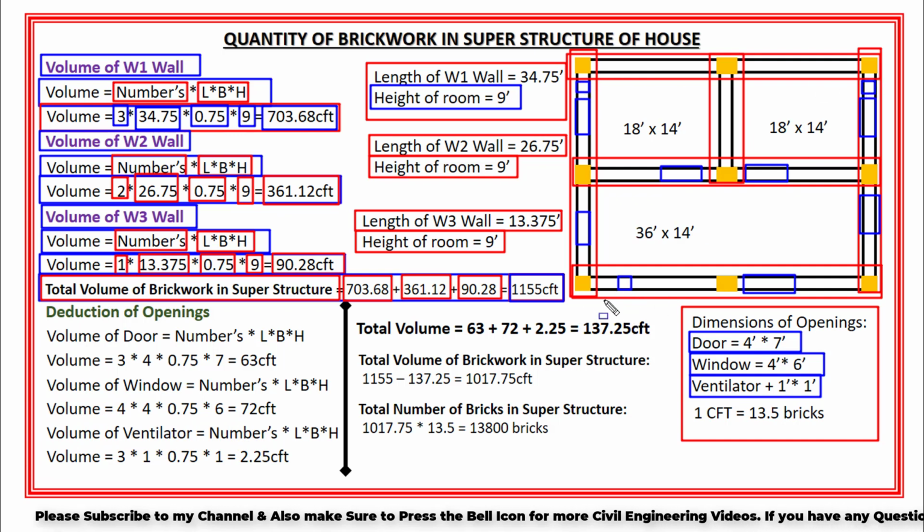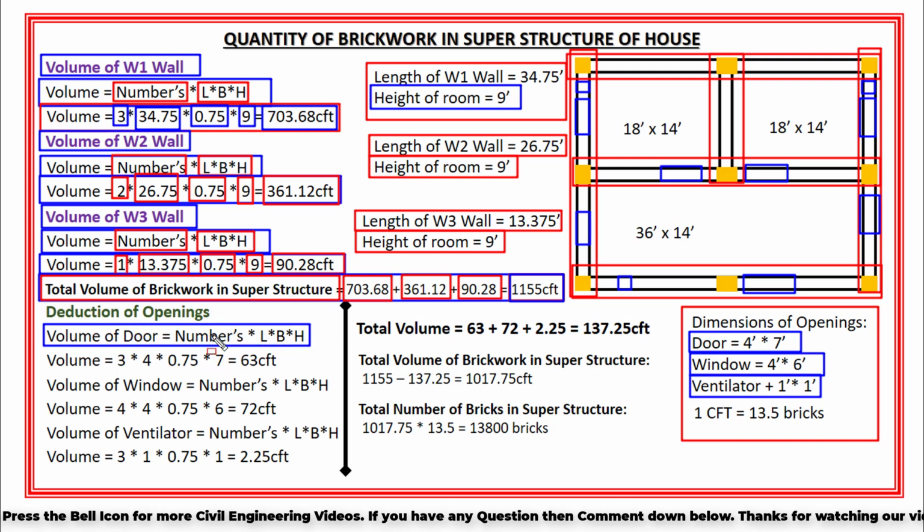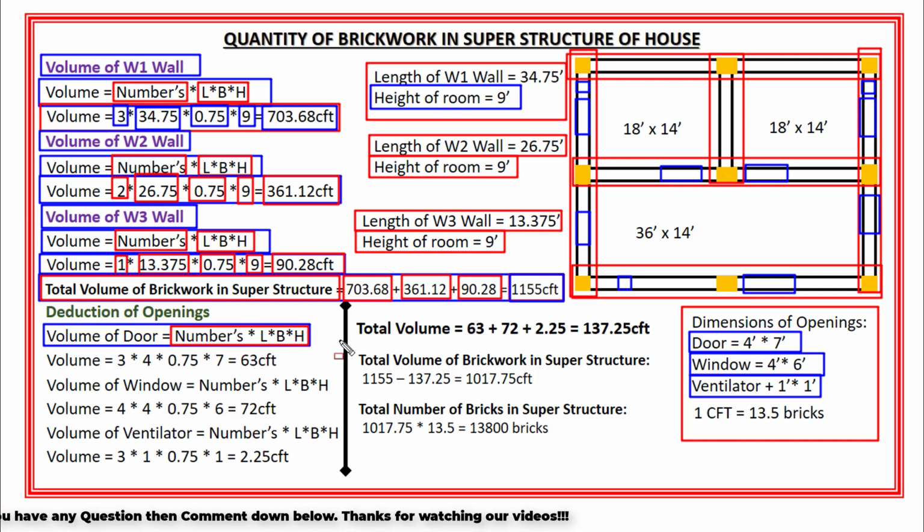Now I will start calculating the volume of doors, windows and ventilators. So the volume of door is equal to numbers into length into width into height. Here as I told you, I have 3 number of doors in this house. The length of door is 4 feet. Width of door will be same as the width of the wall, which is 9 inch.